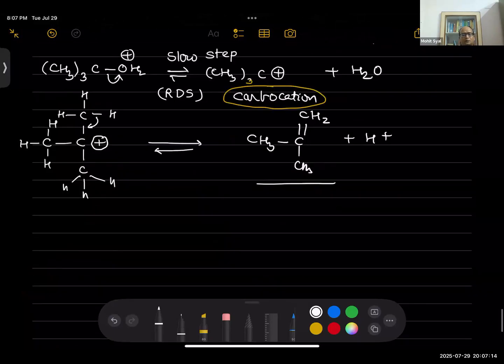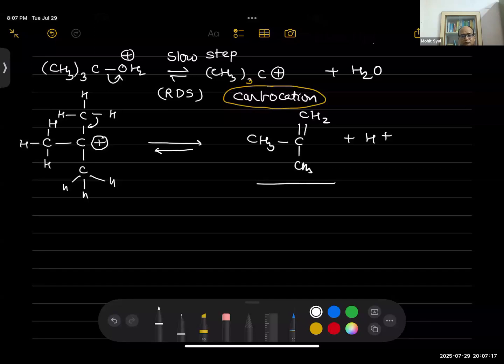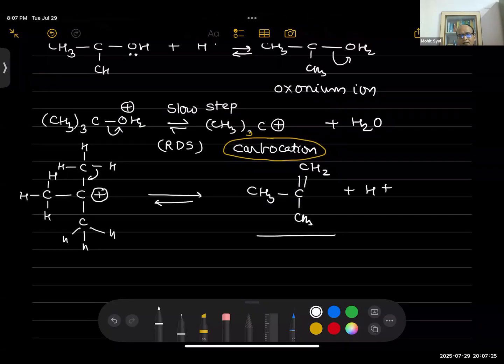So what do we need to do to get the final product? Tell me, Marwa, quickly. It is there in front of you. Once you have the carbocation, what happens? Which ion is removed in the next step?